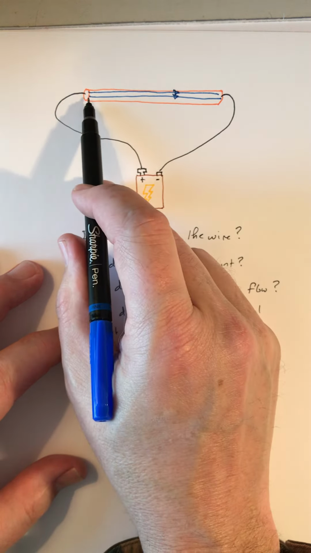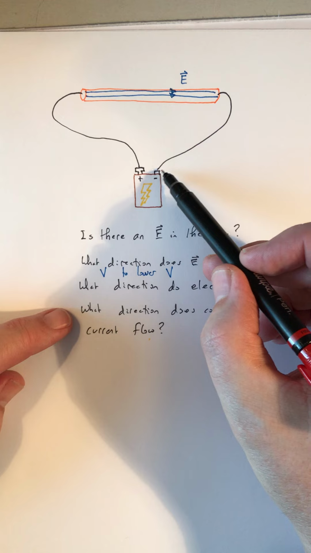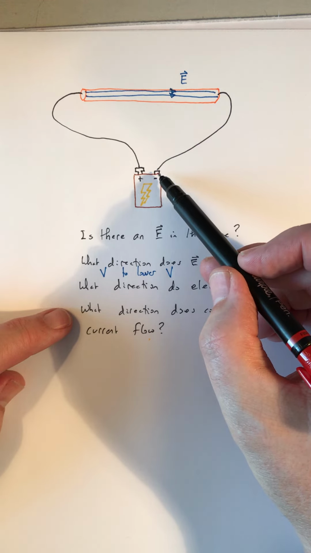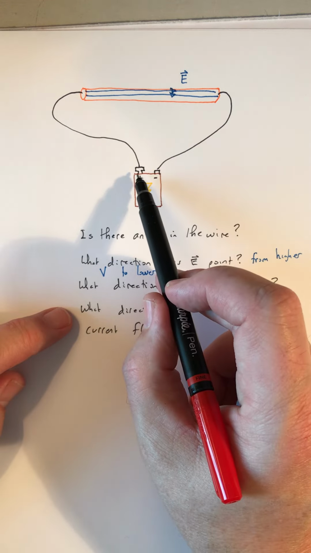What direction are electrons going to flow in this circuit? Well, the electrons are going to be repelled from the negative terminal of the battery and attracted to the positive terminal of the battery. So this would be the direction of electron flow.